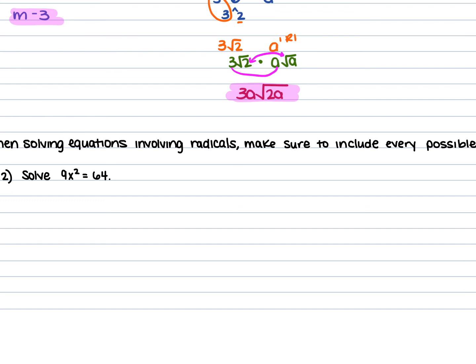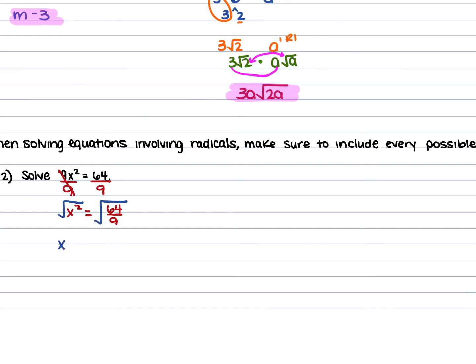So for example 2, we have 9x squared is equal to 64. For this one, we want to get x squared by itself, so we're going to divide each side by the 9. This leaves us with x squared is equal to 64 over 9. Because our power is 2 on that x, we're going to take the square root of both sides.